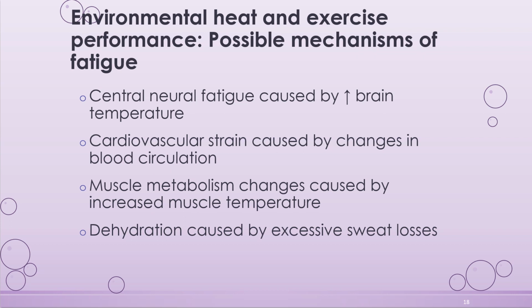Sweating also results in the loss of essential electrolytes like sodium, potassium, and magnesium. Electrolyte imbalances can lead to muscle cramps, weakness, and fatigue. Heat stress can affect the central nervous system, leading to central fatigue. The brain's ability to recruit motor units and maintain neural drive to muscles may decrease, reducing exercise performance.